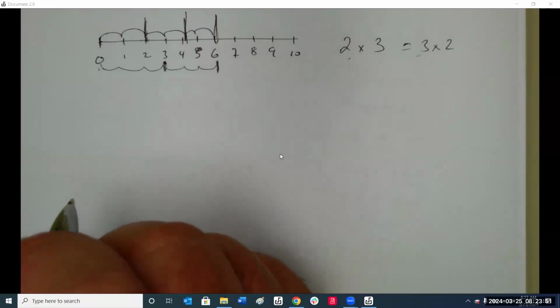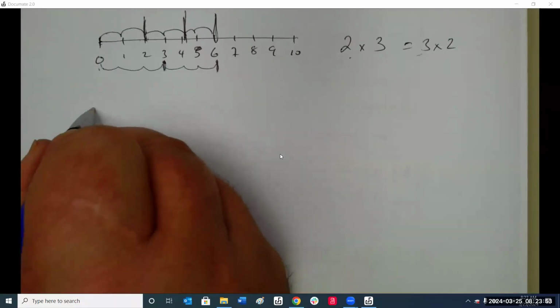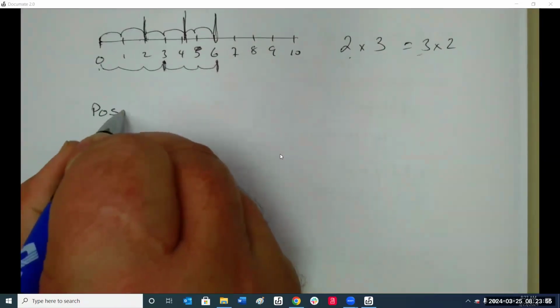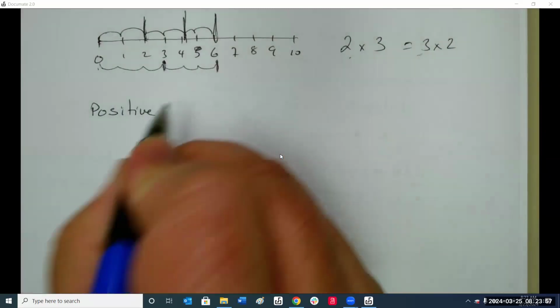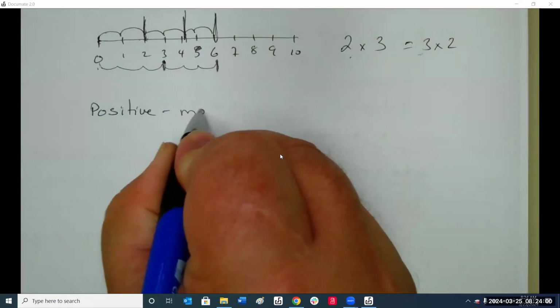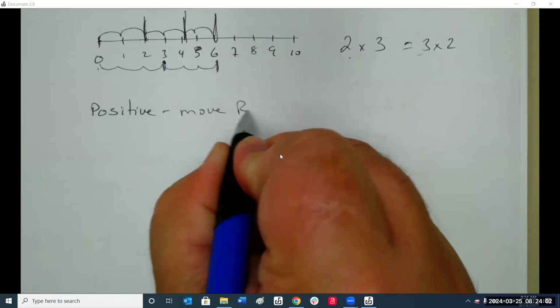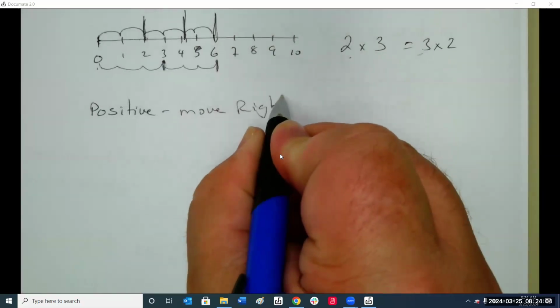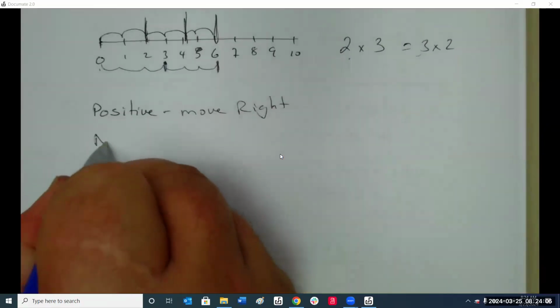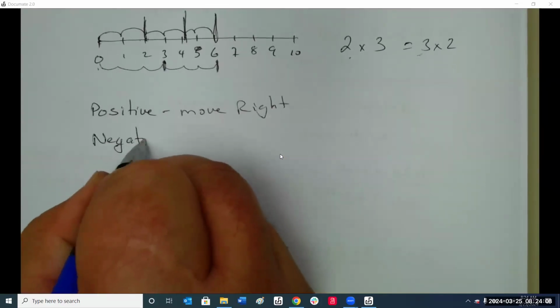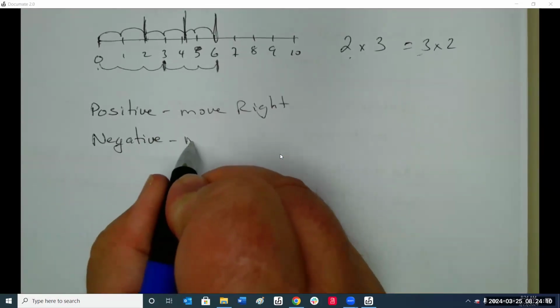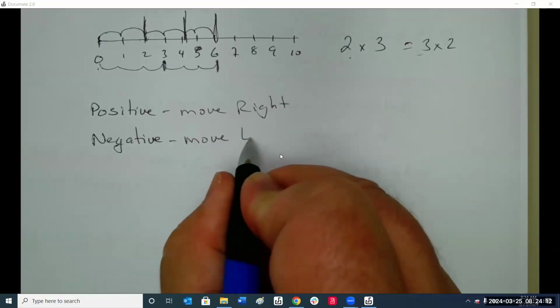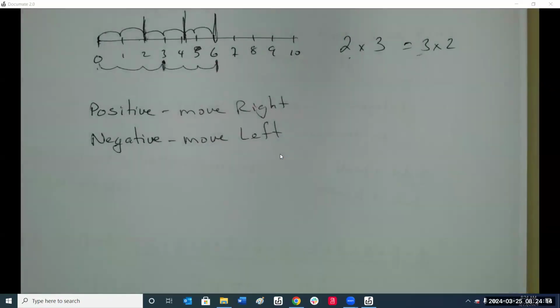Because remember, we're dealing with integers. Positive, move right. Negative, move left.